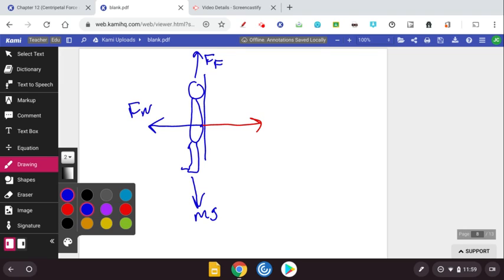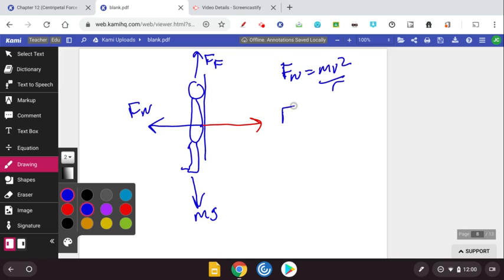And that normal force is going to be connected to the centripetal force. The normal force is actually the centripetal force in this case because it's the only force acting towards the center of the circle. And so that means that the normal force is equal to mv squared over r.